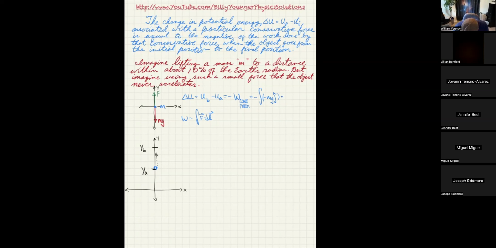So I'm going to say dl is in fact positive dy j hat. Okay. So the actual direction we're planning on going is again in the positive y direction. Now, in doing that, I now have to put the limits of integration as the small variable y, since I'm integrating with respect to y, to the large variable y. So that means I'm integrating from ya to yb.